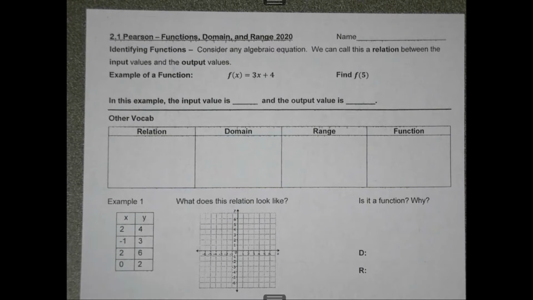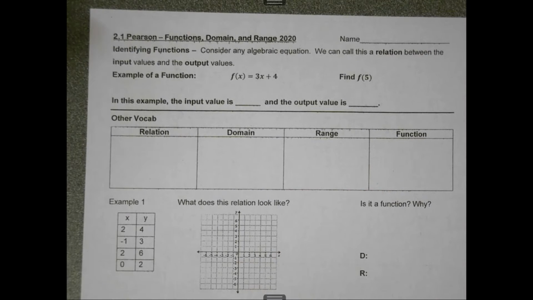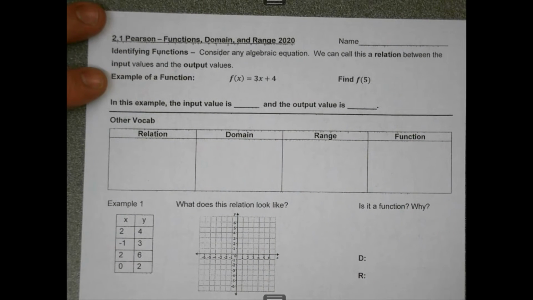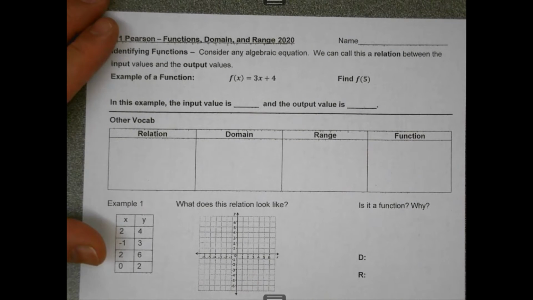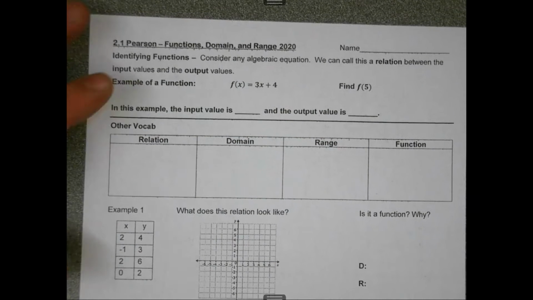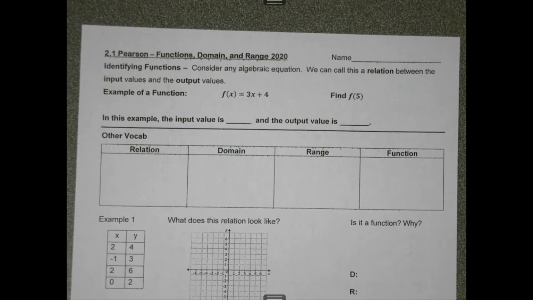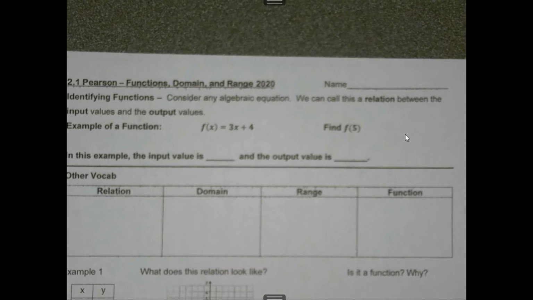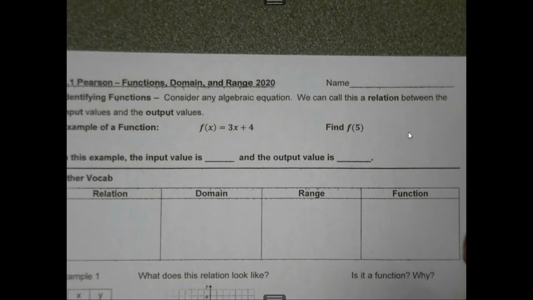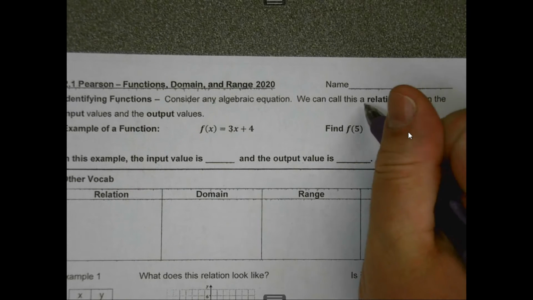Okay, 2.1. 2.1 deals with functions and domain and ranges of functions, or just domain and range in general. So the first thing we have to do here is identify what is called a relation between input values and output values.